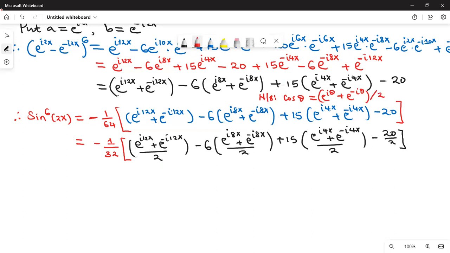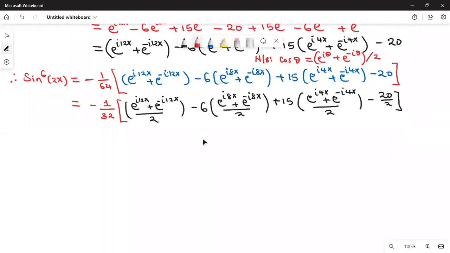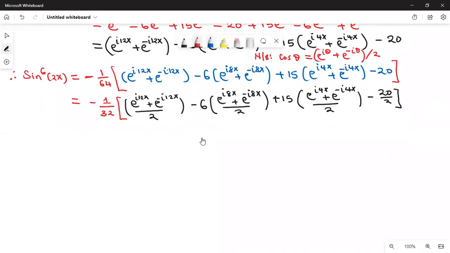So that's the identity we are going to use here, so that our result can now be written as negative 1 over 32 times cosine of 12x minus 6 cosine of 8x plus 15 cosine of 4x minus 10.